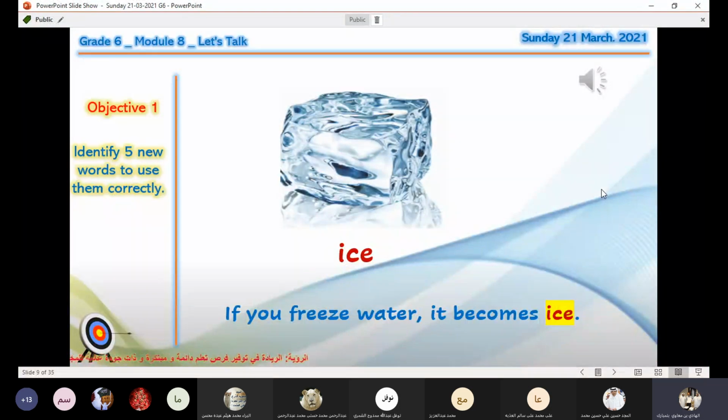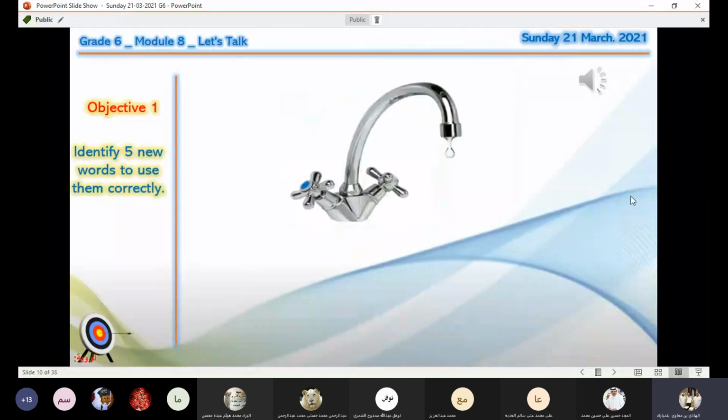Yes, teacher. If you freeze water, it becomes ice. Thank you so much. If you freeze water, it becomes ice. Very good. Thank you so much. So this is the last word.